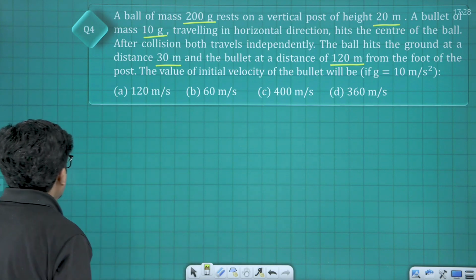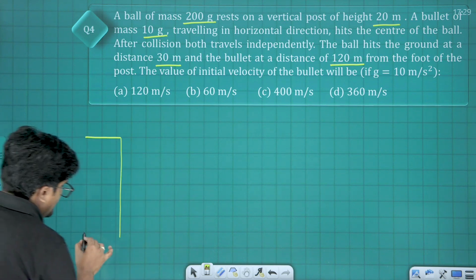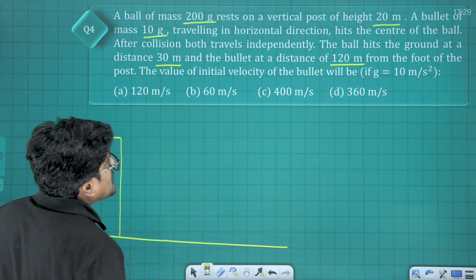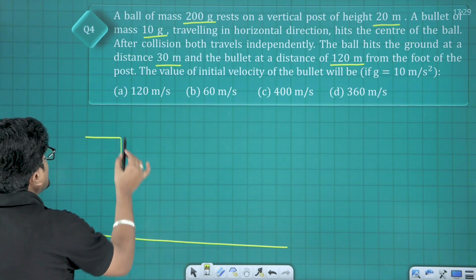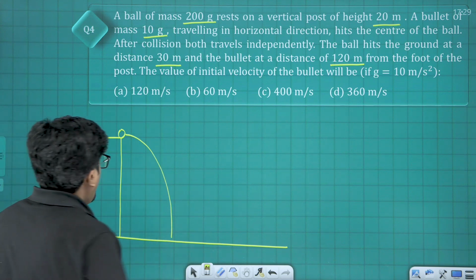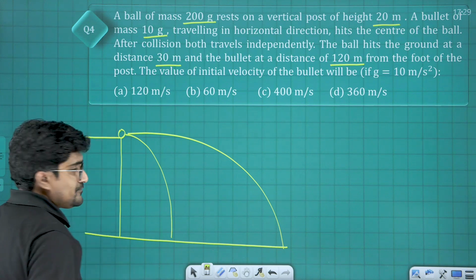Okay. Now have a look. Let this be the post. As per the question, the ball hits the ground at a distance of 30 meter and bullet hits at a distance of 120 meter.